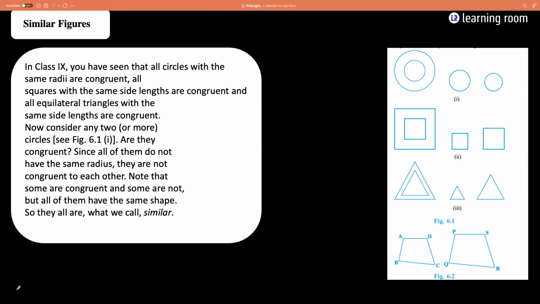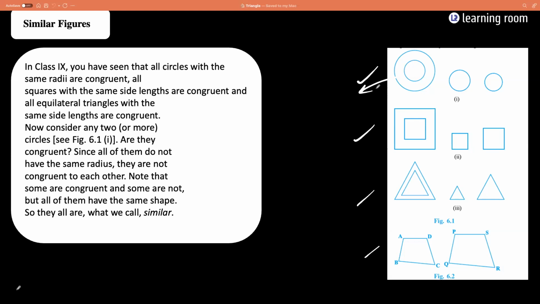You know what are similar figures. Apart from your textbook, when you say that two shapes are similar to each other, they have the same shape but different dimensions. When I say dimensions, the measurable quantities are going to be different. For example, what can you say about these two circles?